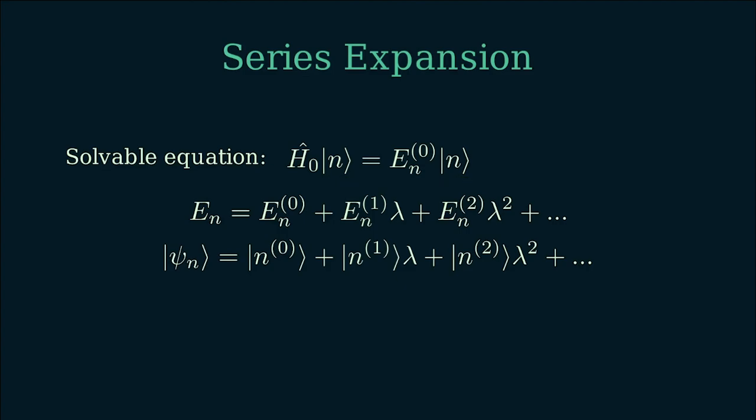However, now we are dealing with degenerate perturbation theory. So we have to take into account the fact that we have multiple eigenstates. Say we have G number of such eigenstates corresponding to the same energy eigenvalue. So the question arises, exactly which eigenstate should our series expansion be centered around?